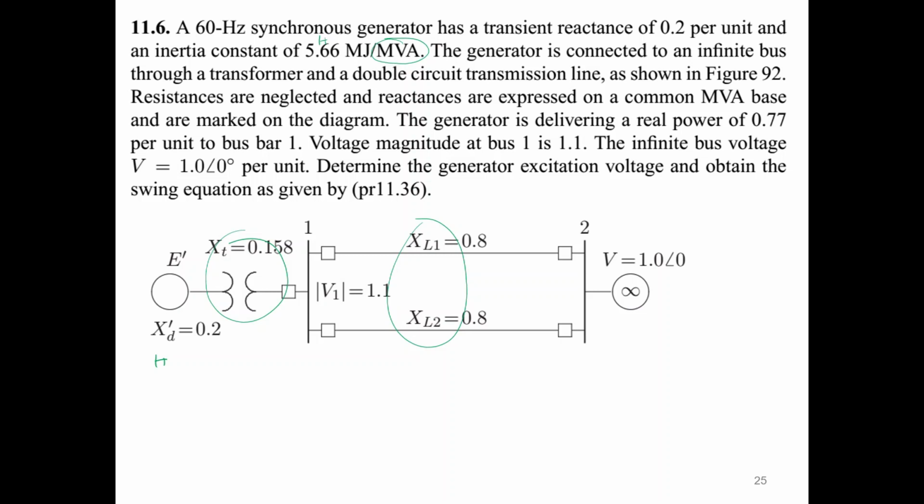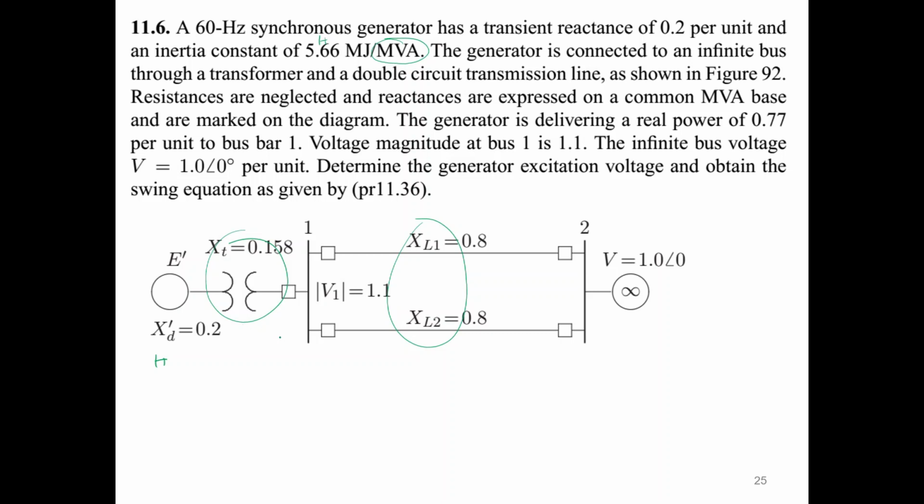If the resistances are all neglected, reactances are expressed in per unit based on a common MVA and marked on the diagram. The generator is delivering real power of 0.77 per unit to bus 1.